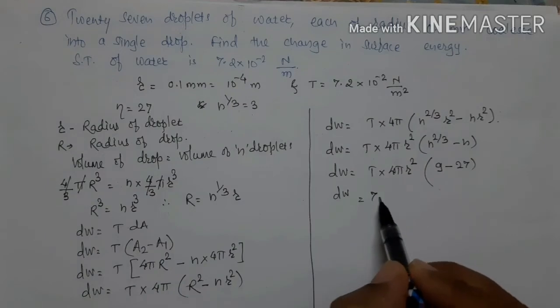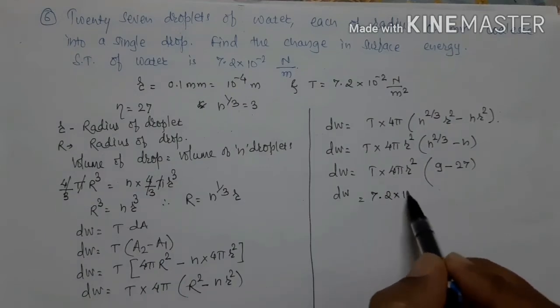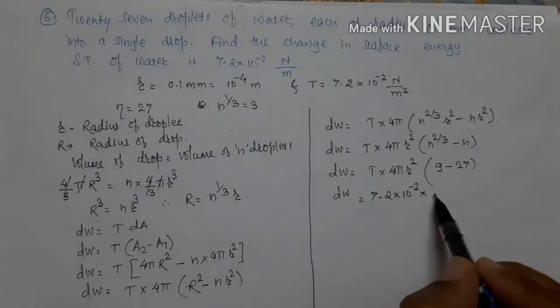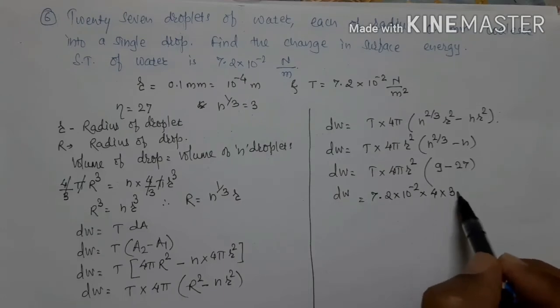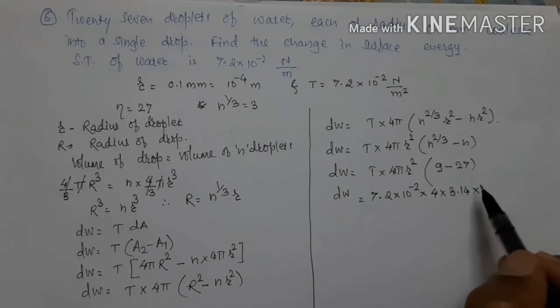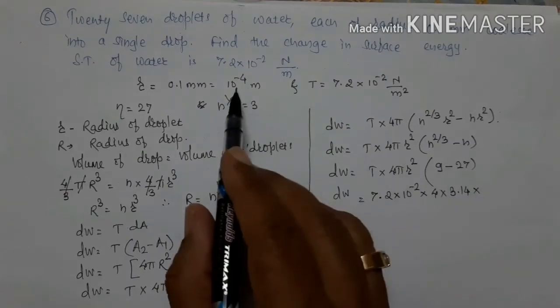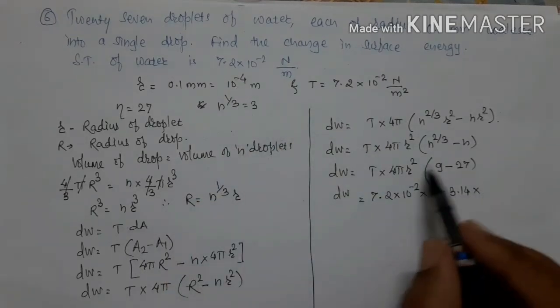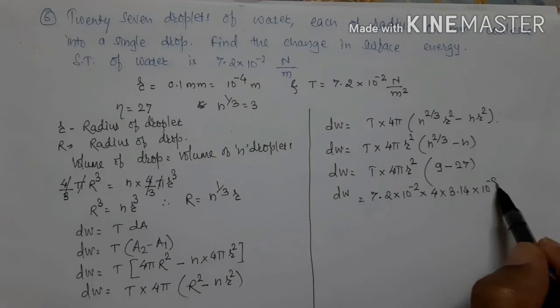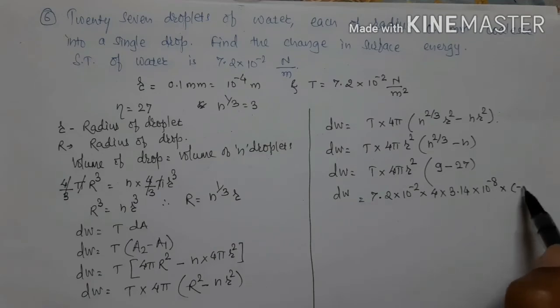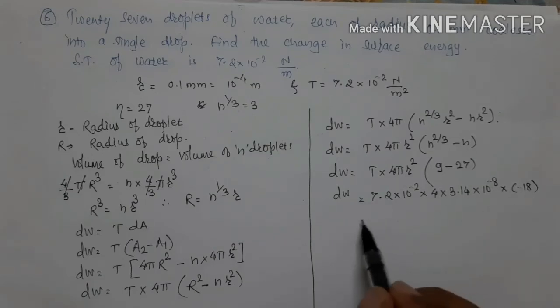Surface tension is 7.2 into 10 to the power of minus 2. It is 4 into 3.14. How much is the R? 10 to the power minus 4, and square of it 10 to the power of minus 8, into minus 18.